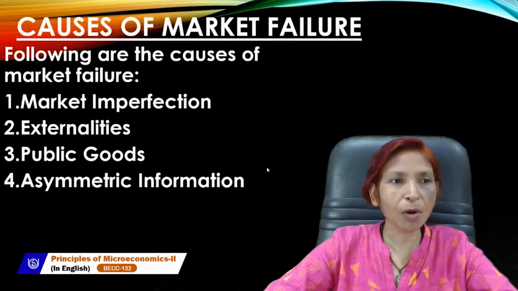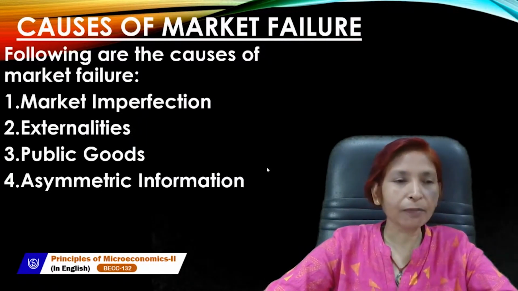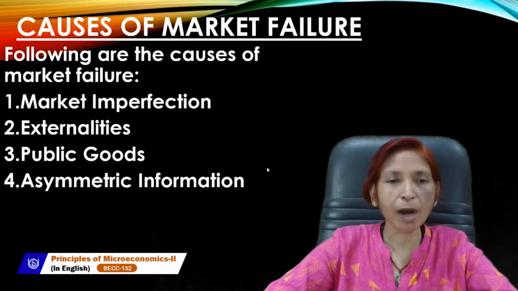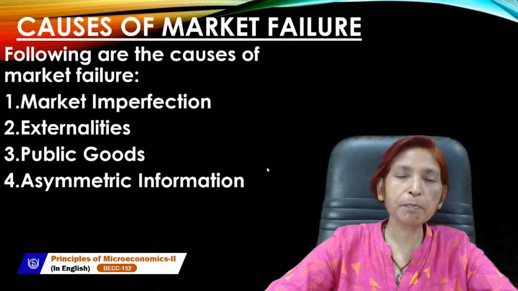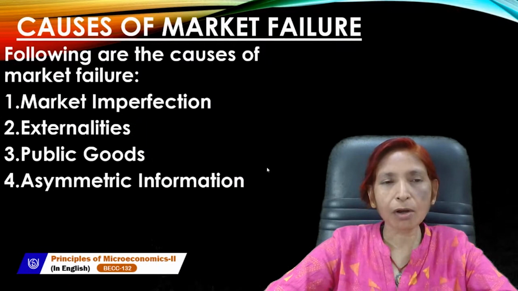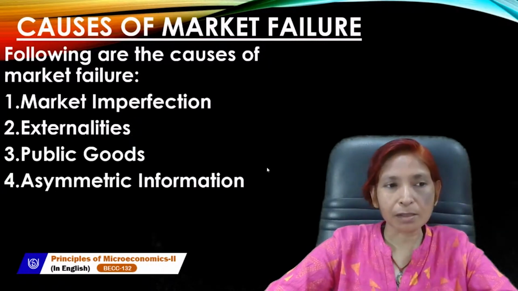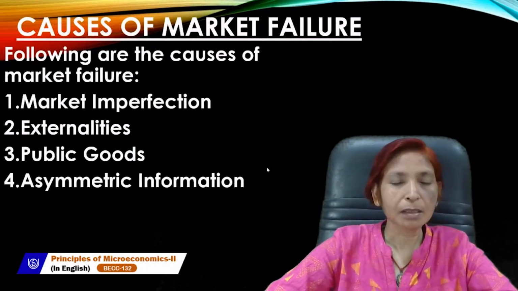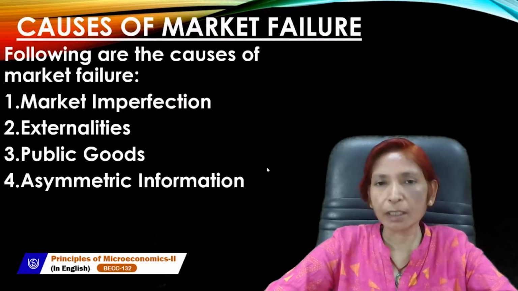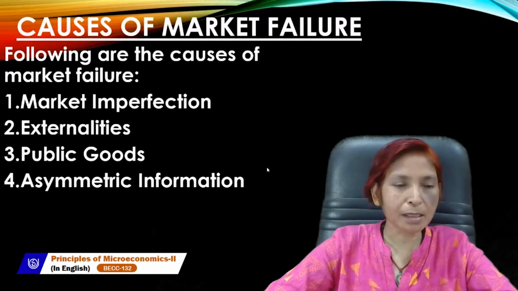Here we will discuss the causes of market failure. Number one is market imperfection. Market imperfection means if the market is not perfect, or if there is any imperfection or mismatch in the market, then the market will be called a failure. Second point is externalities.